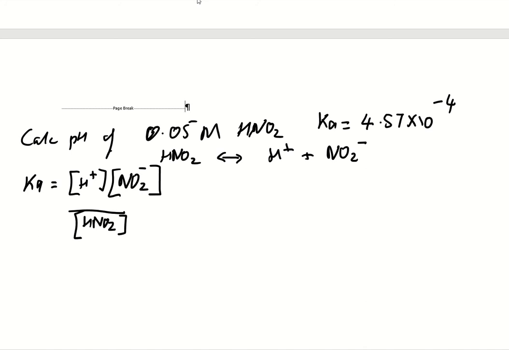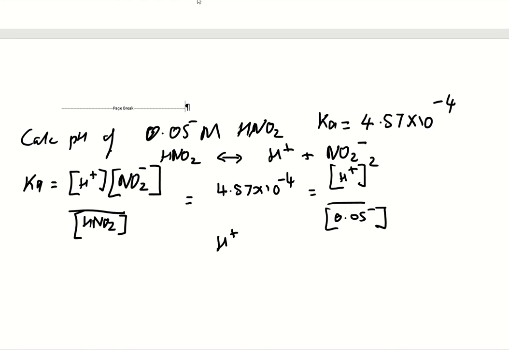My values here then, my Ka is of course 4.57 times 10 to the minus 4, equals H plus squared over my nitrous acid, 0.05.